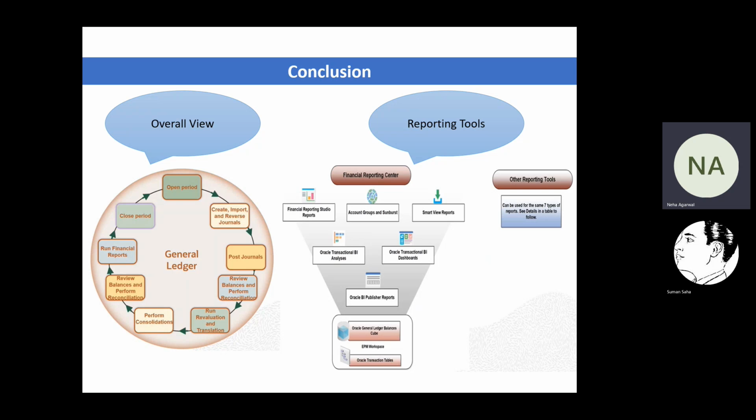The Financial Reporting Center is intended to be the primary user interface for GL reporting: Financial Reporting web studio reports, account groups, etc. This is your single source of truth to access and run all of your reports from one console.